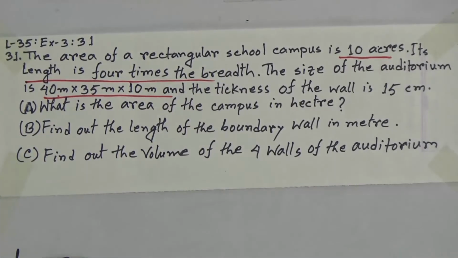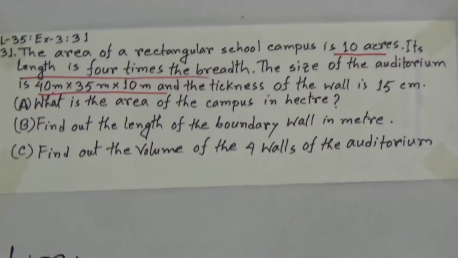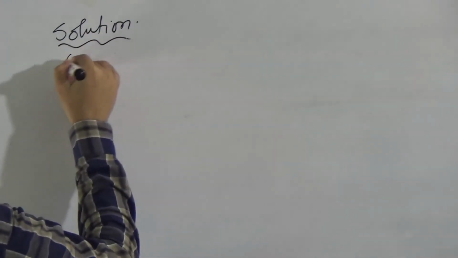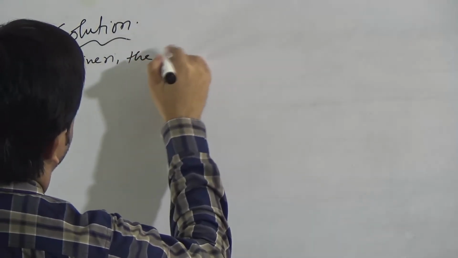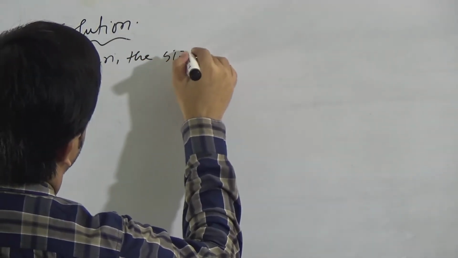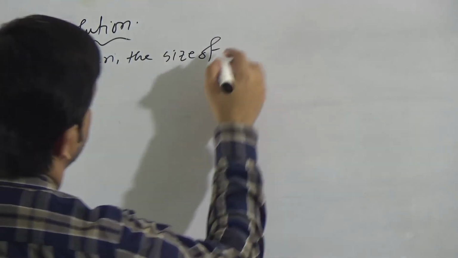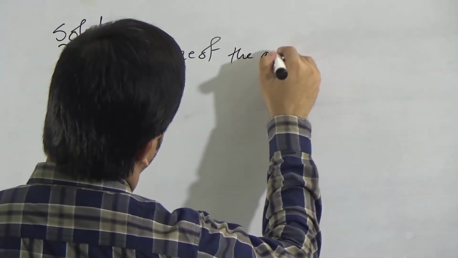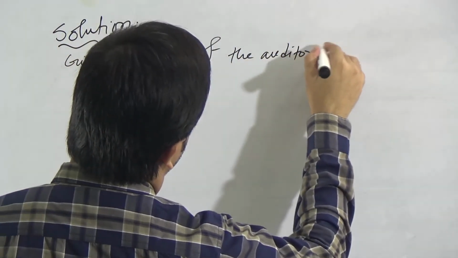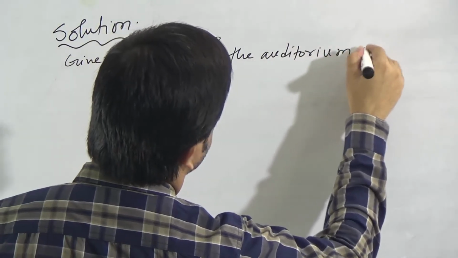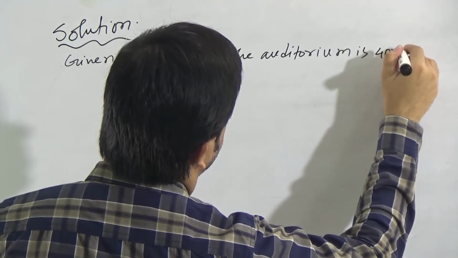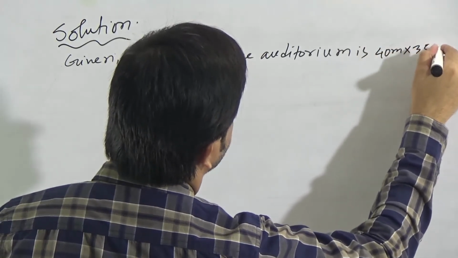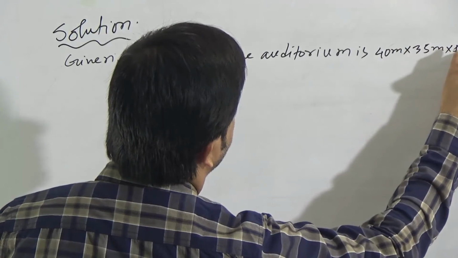Okay, dear students, let us solve the question. Given, the size of the auditorium is 40 meter multiplied by 35 meter and 10 meter.